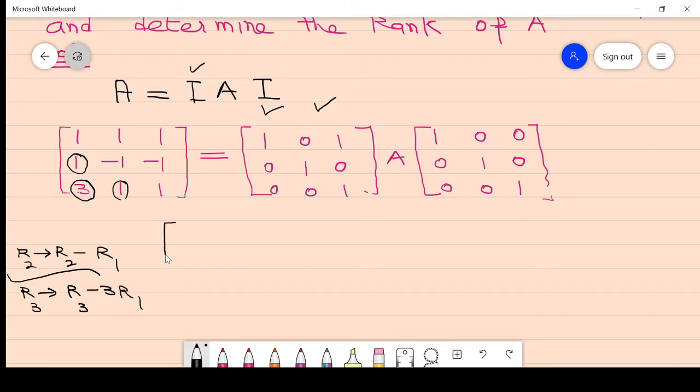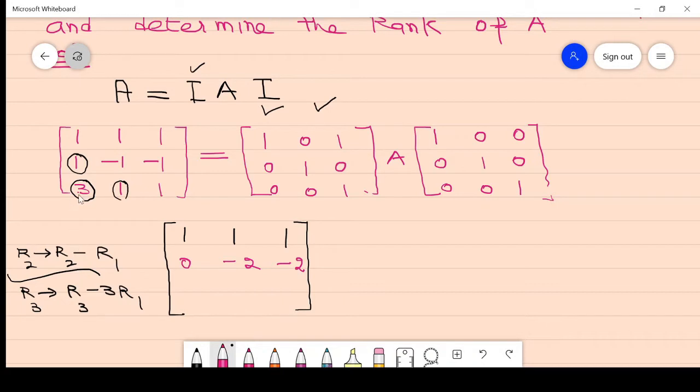So in this first matrix, the first row stays the same, 1, 1 and 1. Then the next row, this minus this, so this is 0, this is -2, and again this is -2.